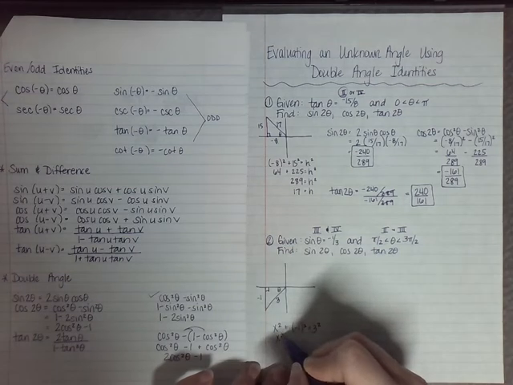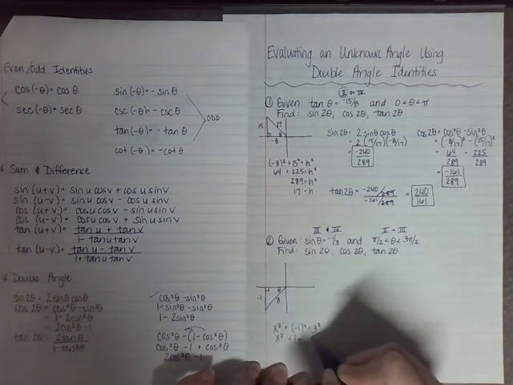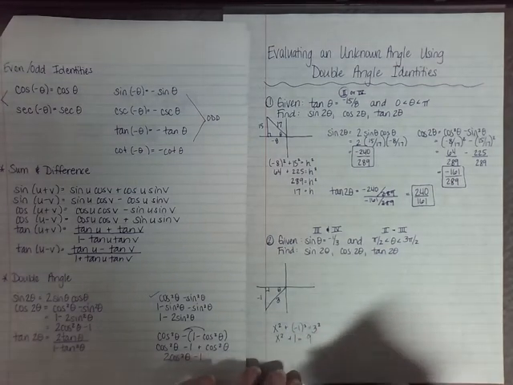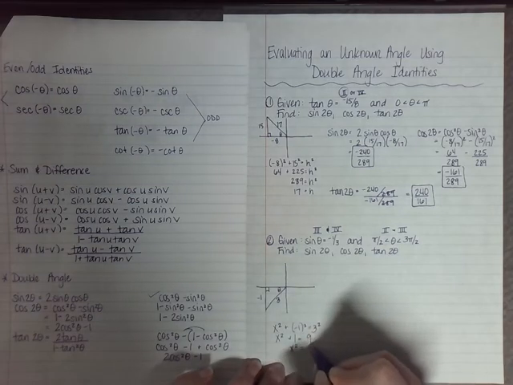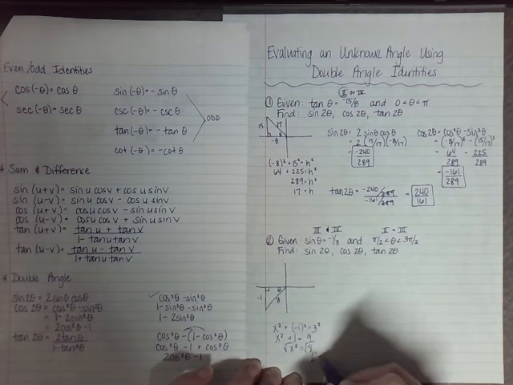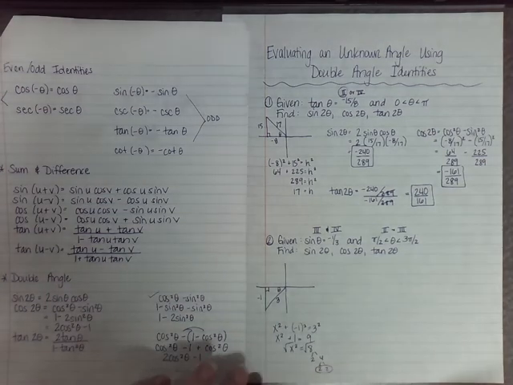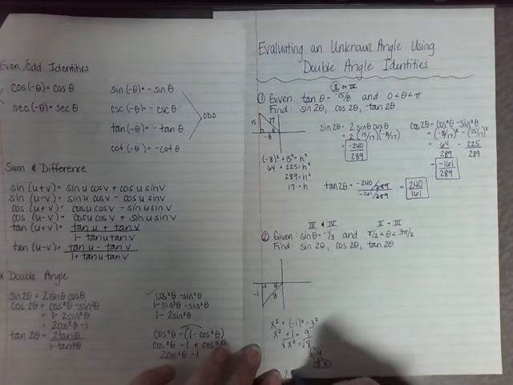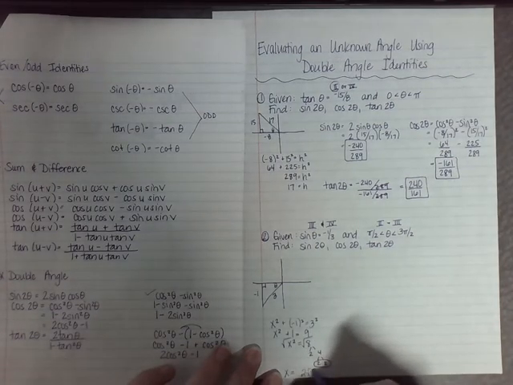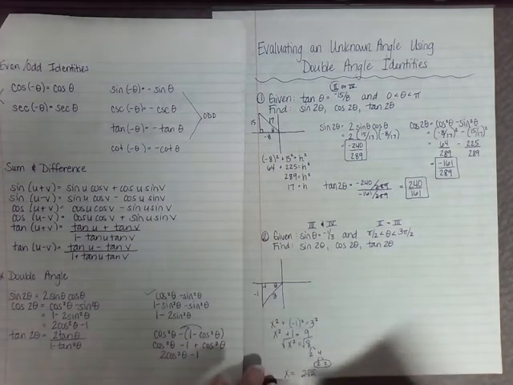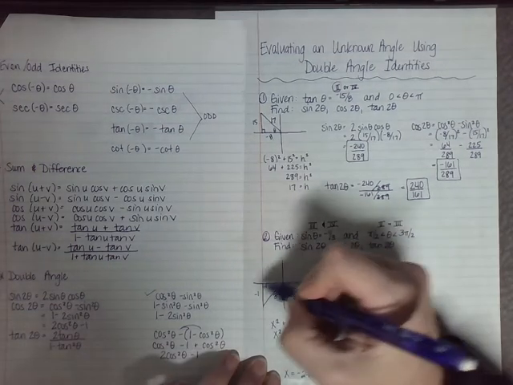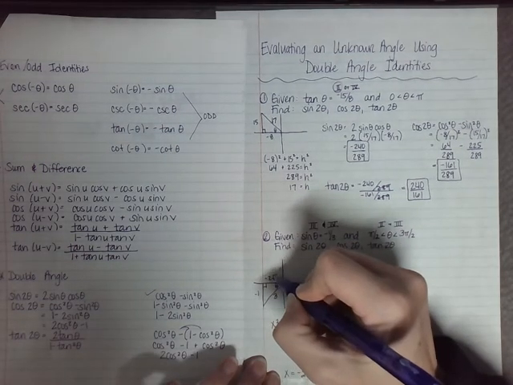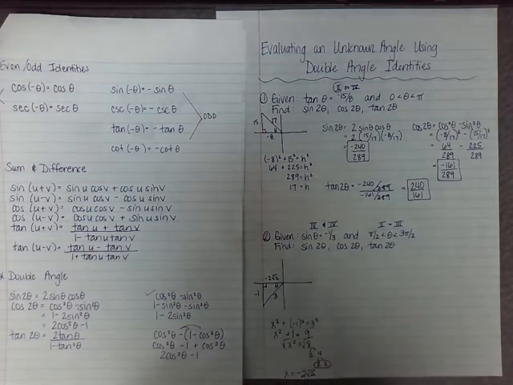So x squared plus 1 equals 9. If you subtract the 1, you're going to get 8. And then when we square root the 8, remember 8 branches into 2 and 4 and 2 and 2, so we get a pair of 2's that we're going to pull out front. So it becomes 2 square root 2. And it's also going to be negative because we're going left. So this side is negative 2 square root 2.